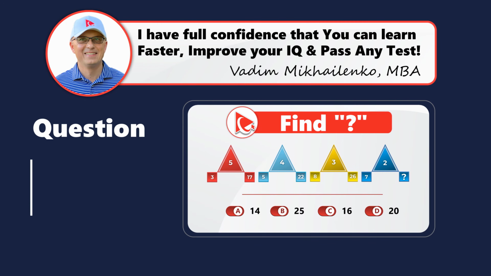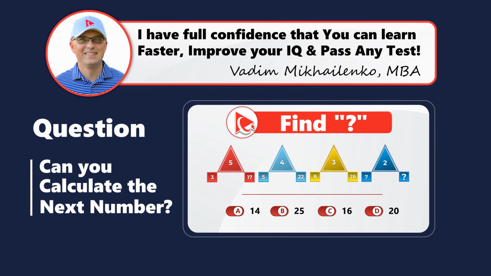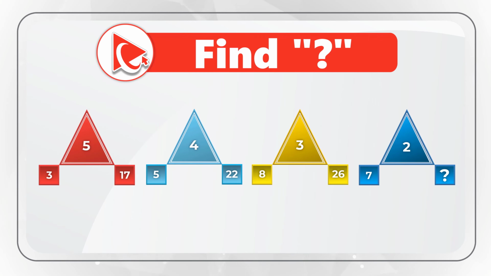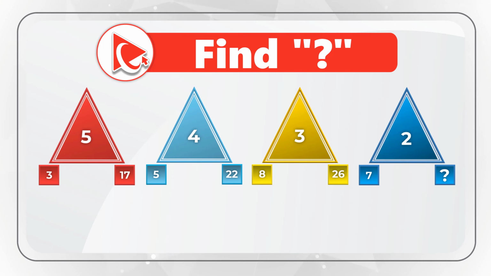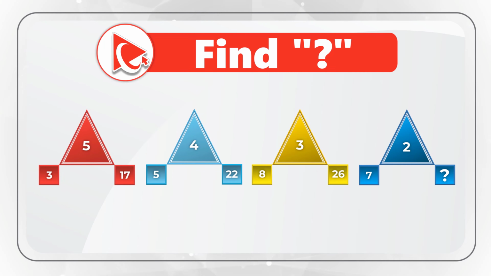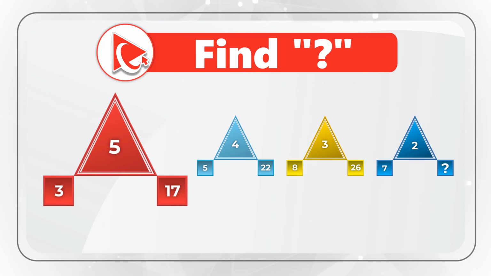Here's a very interesting question where the answer is absolutely not obvious. You're presented with interestingly looking shapes. On top of the shape is a triangle. On the bottom left and on the bottom right, there are squares. There are numbers inside the triangle, and there are also numbers inside the squares. Let's take a close look. The first object has number 5 inside the triangle, number 3 in the left square, and number 17 in the right square.